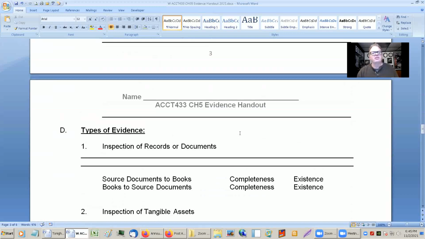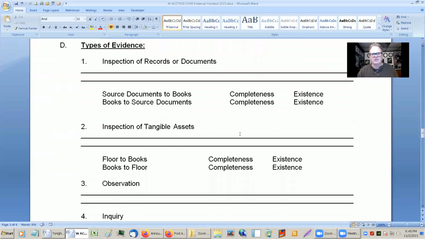Do me a favor and go to page 3, types of evidence. And let's go to number 1 here. If you go from source documents, like bill of lading, to the financial statements, are you checking to see if it's complete or if there's existence?